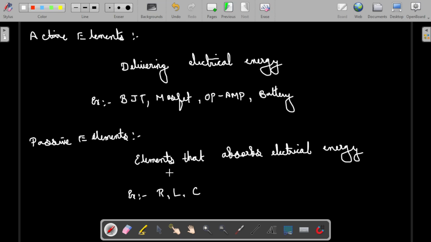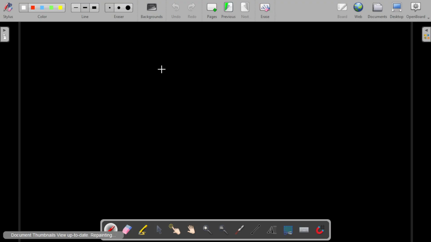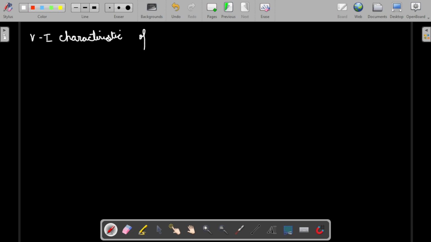So now let us discuss the VI characteristics of the active and the passive element, so that you guys will come to know more about the things. So let me go to the VI characteristic curve. So guys, whenever a graph or diagram comes, you need to think that we are going to understand more there. So instead of learning generally with the theories, the practical things will give more understanding.